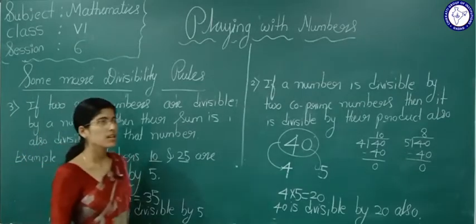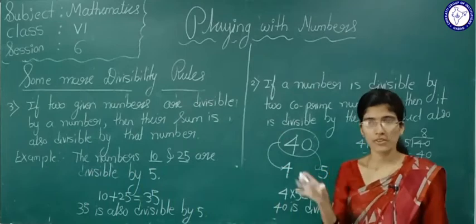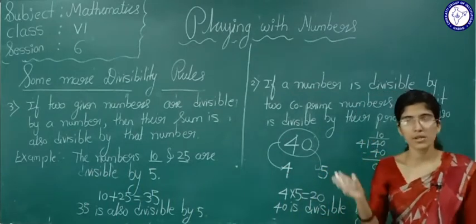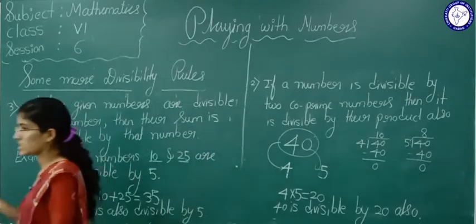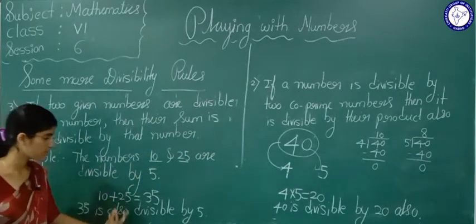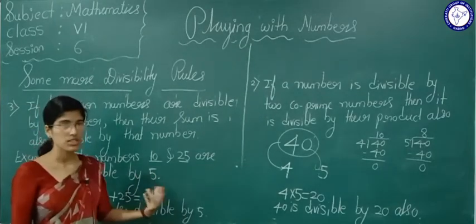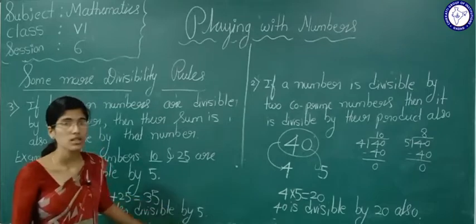What is that? If any two numbers are divisible by one number, then the sum of the two numbers is also divisible by the given number. Okay, this is rule number 3.